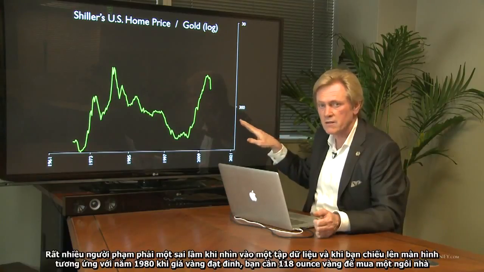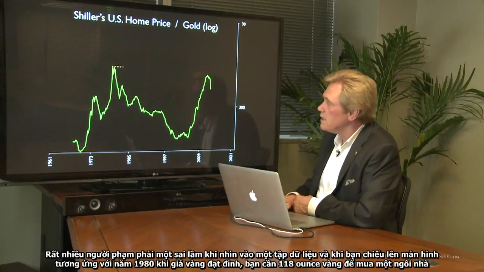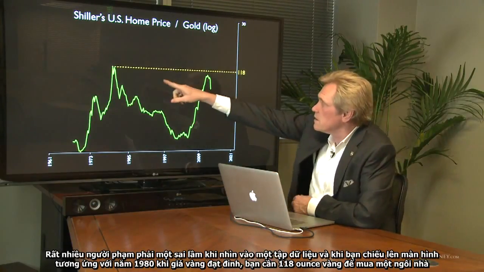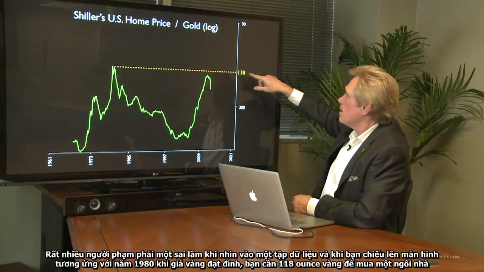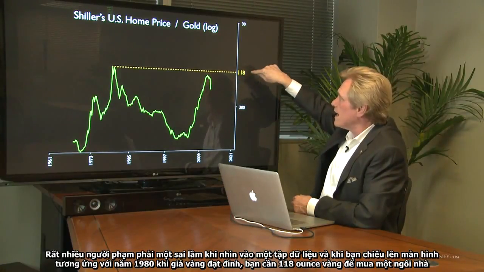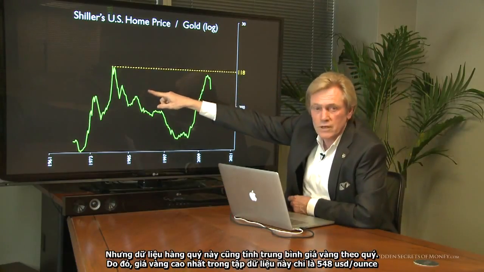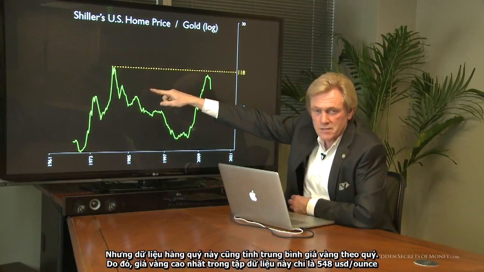A lot of people make the mistake of looking at one set of data or another. In 1980, gold hit a peak value to where it only took 118 ounces of gold, but this quarterly data averages gold's price.